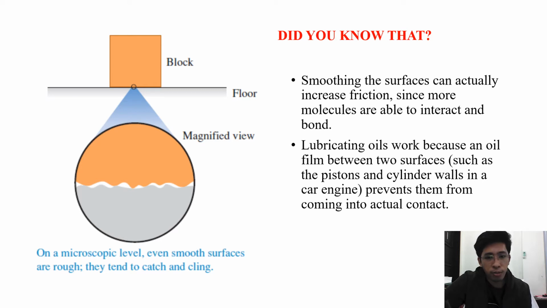If you put some lubricating oil in between your two surfaces, you prevent the actual surfaces from coming into contact because there is a lubricating film in between them. And this is how lubricants work.